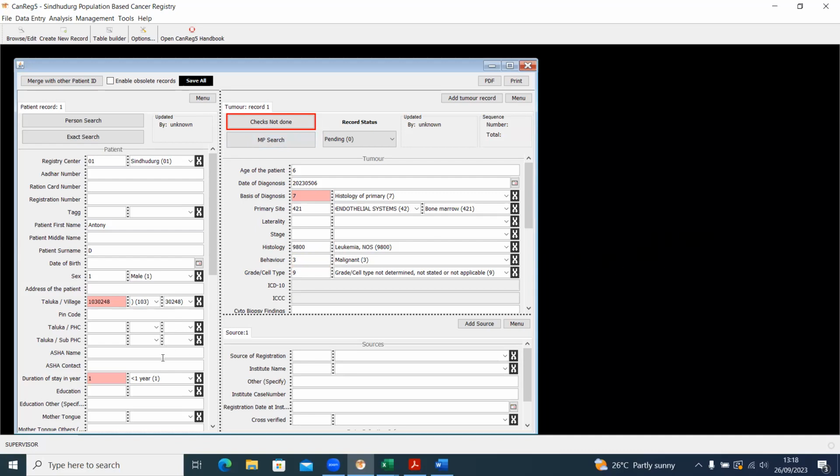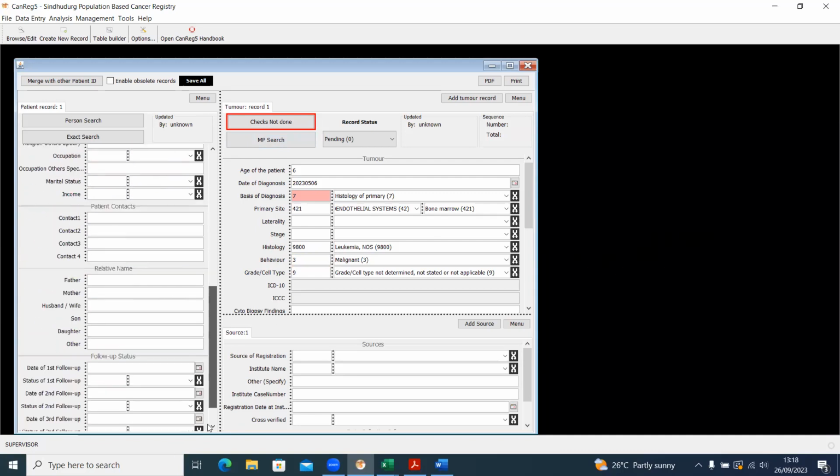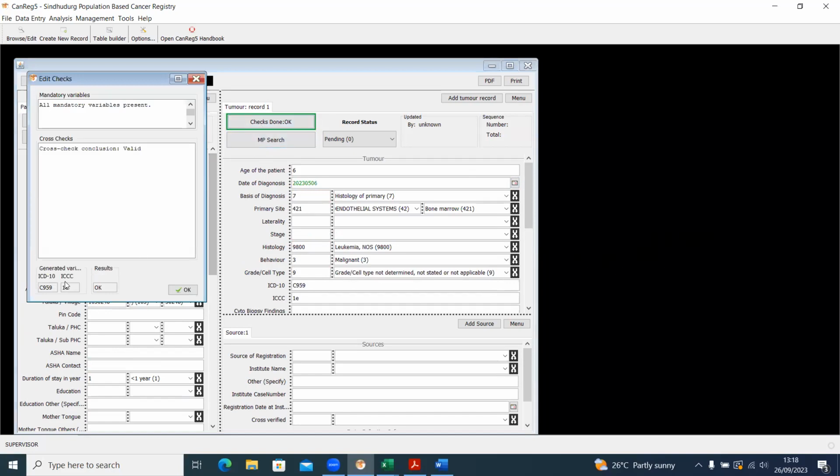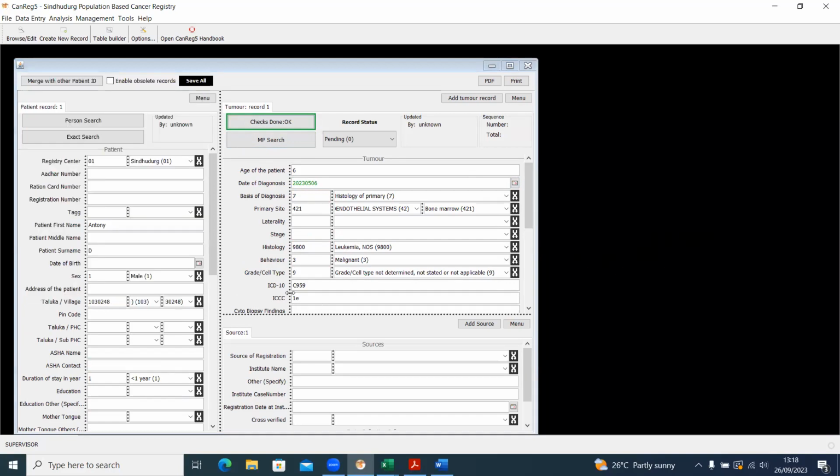And I think all the mandatory fields are entered. So I'll click on checks not done. So this is the ICD-10 and this is the ICCC code, which is generated for childhood cancers. Click on OK. Here you will be able to see the ICCC code is 1E.